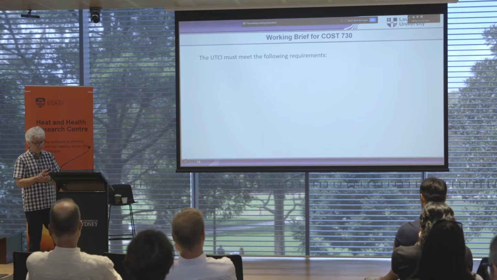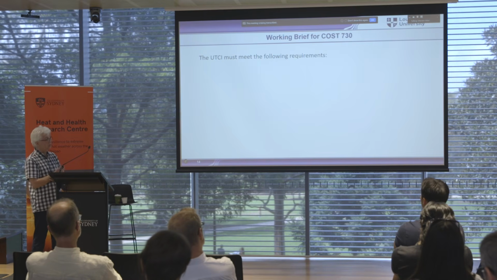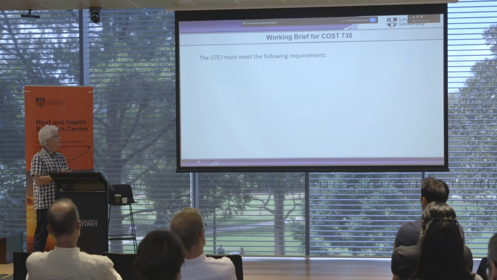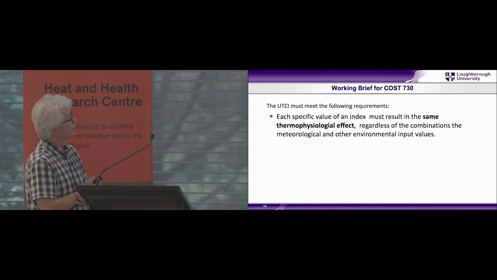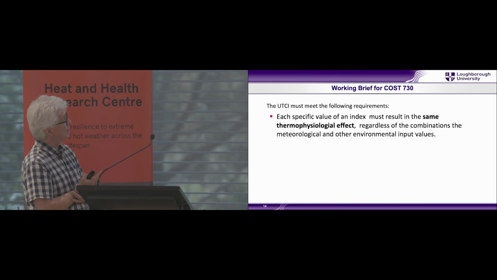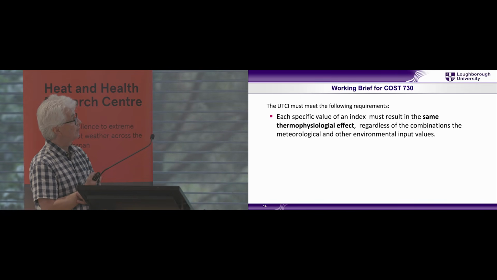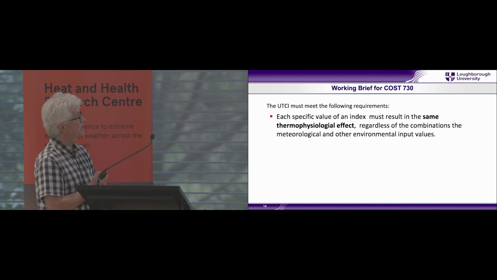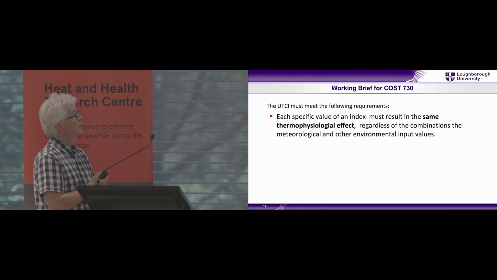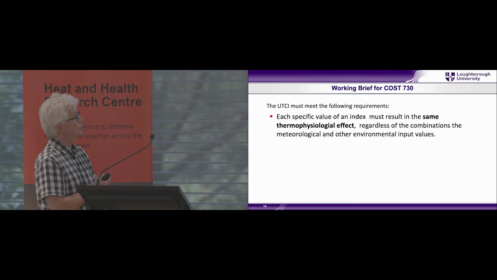So these were the requirements that were set out before we started. The UTCI must meet the requirement that each specific value of an index must result in the same thermophysiological effect, regardless of the combinations of meteorological and other environmental input values.